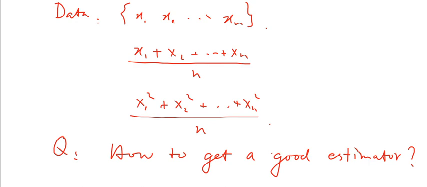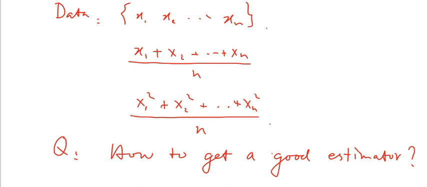Once we use some method to get some estimate, we want to check whether this is the UMVUE, whether this is the best one.